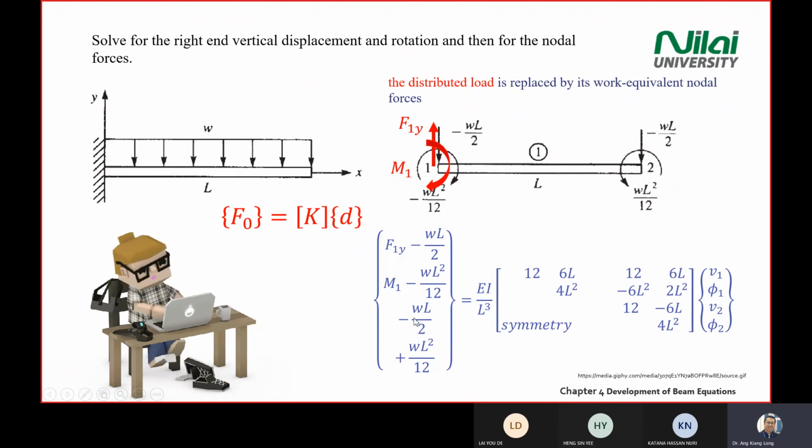For point number 2, you have negative WL divided by 2 for the force component, and the moment is WL squared divided by 12. All right. Any question for the force component, the F0 matrix? Anything that you're not sure of, or you do not know how to transfer the information from the diagram into matrix form?